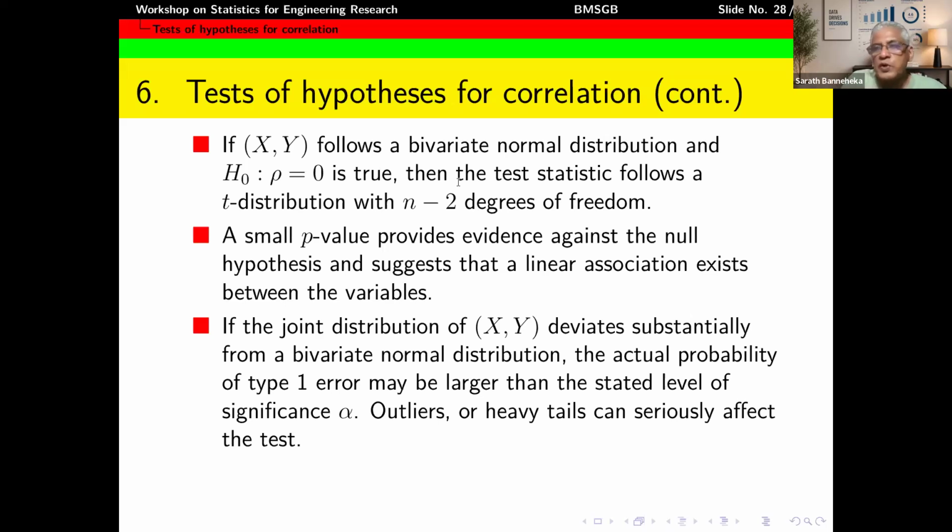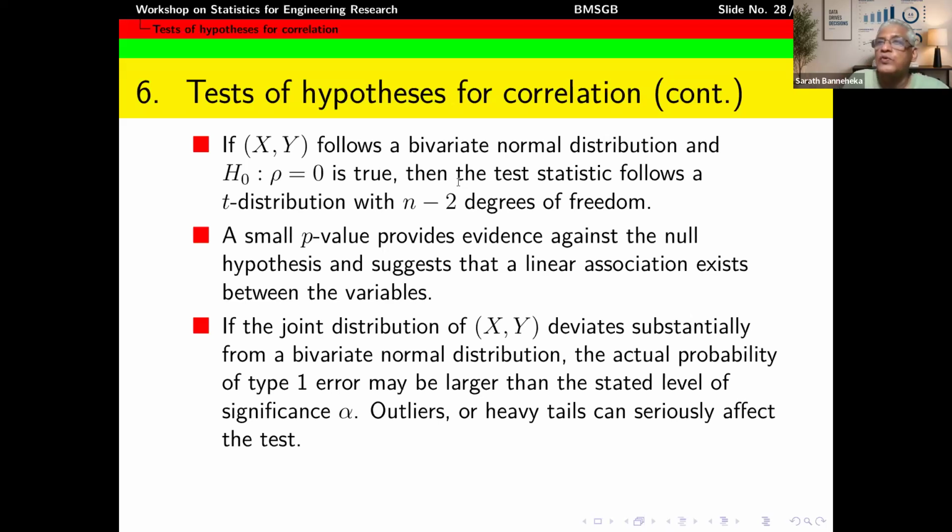Right. So just because R is different from 0, we cannot necessarily say rho is also not equal to 0. Even if, for example, R is equal to 0.4, when you calculate the p-value it may be large, and therefore you do not reject H naught, and therefore you will finally decide that the population correlation coefficient between x and y is 0, and therefore in the population there is no linear relationship between x and y.